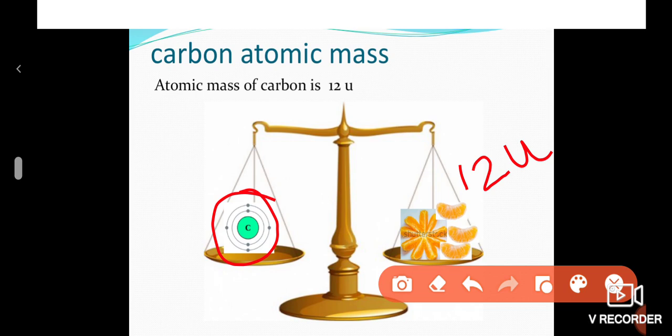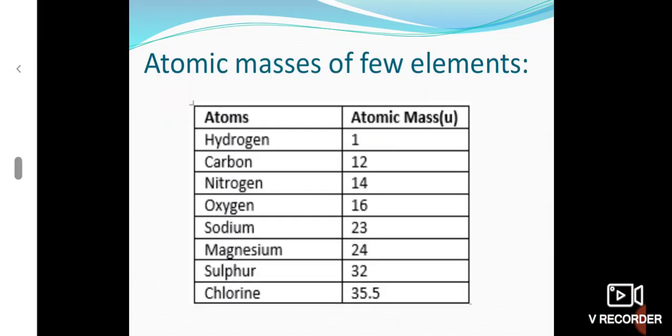One piece has one unit mass, so 12 pieces means a mass of 12 U. So what is the mass of carbon here? The mass of carbon is 12 U. This is known as relative atomic mass. We relate the mass of the atom with carbon 12. In this way we find the atomic masses of elements.